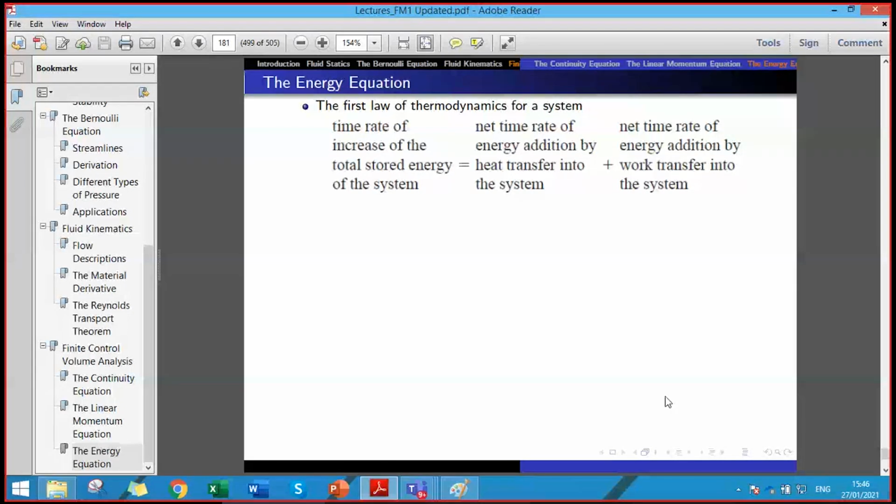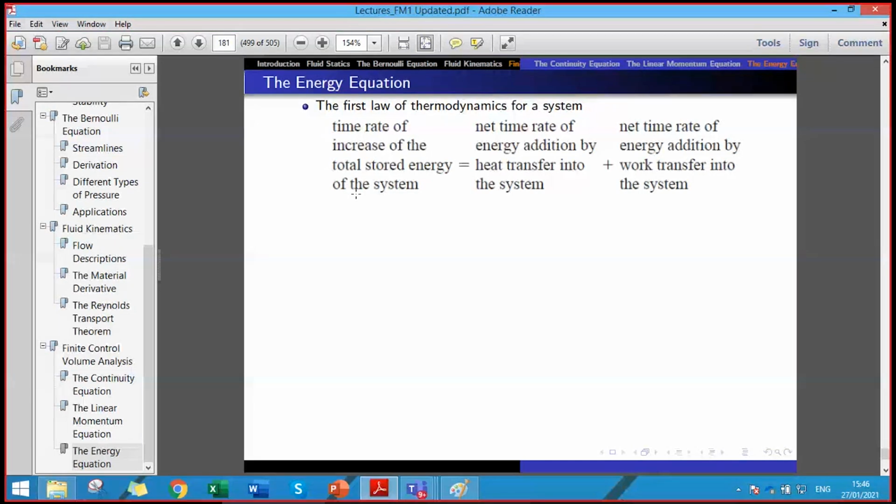Conservation of energy. So the energy equation is pretty much that statement in mathematical form. That is the statement written in front of you on your screen. Time rate of increase of the total stored energy of the system. If the energy of the system is increasing with time, so on the left side, the time rate of increase of the total energy of the system. And the energy of the system can be increased by two methods.